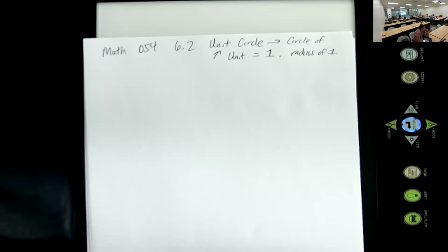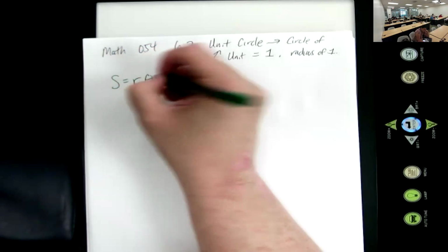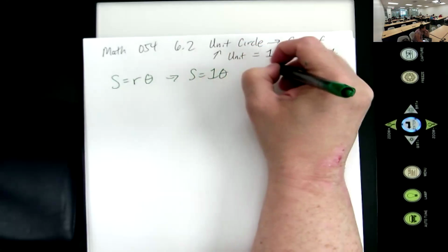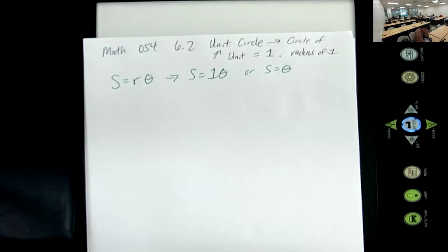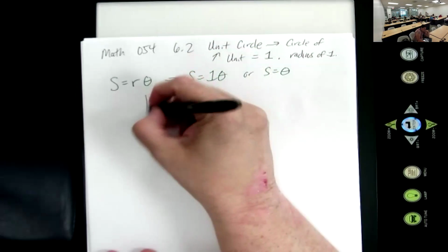So S equals R theta turns into S equals 1 theta, or S equals theta. And if I make a circle real quick, Davis was doing this before you guys walked in.